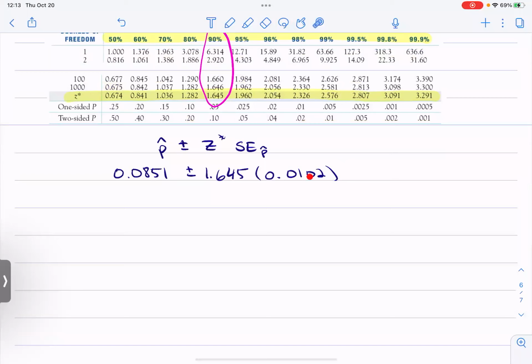Remembering that this buffer portion is the margin of error, let's calculate the margin of error, because that might be nice to have. I get 0.016779. And let's just remember that this is your margin of error.